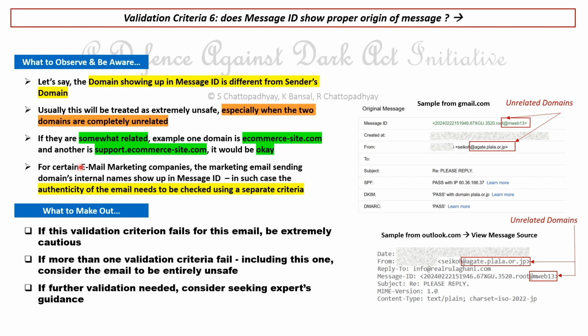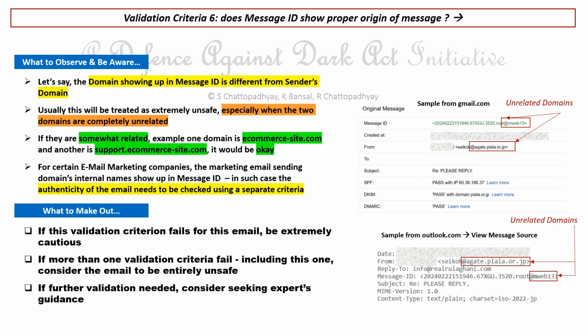Please note that if these are related somehow, like the same example we discussed previously, ecommercesite.com and support.ecommercesite.com, these types of domains we consider as related. So those should not be raising suspicion.